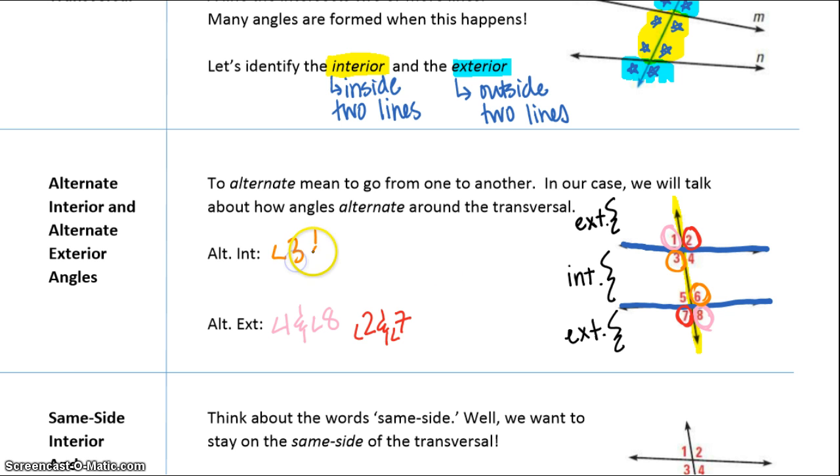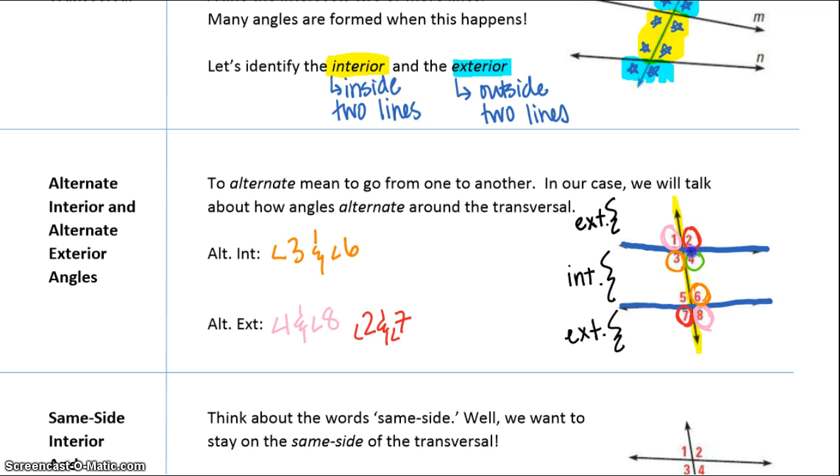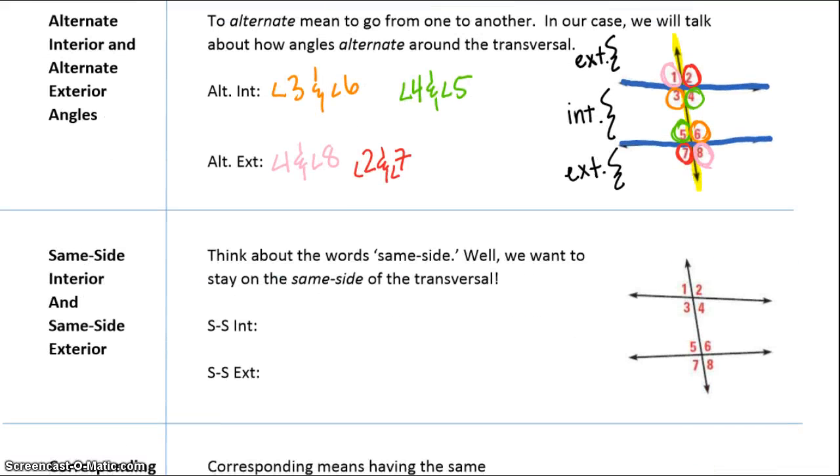So angle 3 and angle 6. And then the last one that we haven't taken care of is 4 and 5, alternating interior, angle 4 and angle 5. Now what I've noticed over the years is that students usually miss these problems because they don't want to take the 5 seconds to think, is it inside or outside, and is it alternating or not? So you're going to have to ask yourself those 2 questions.